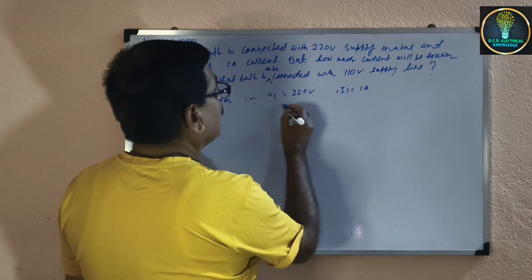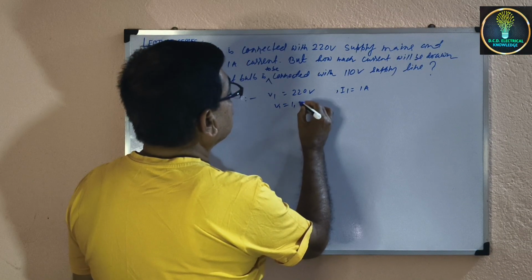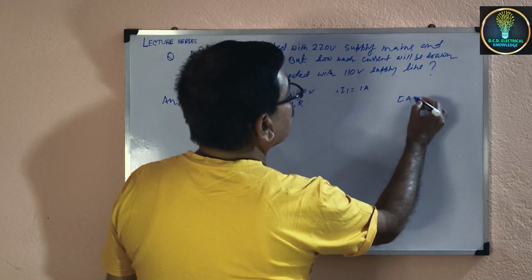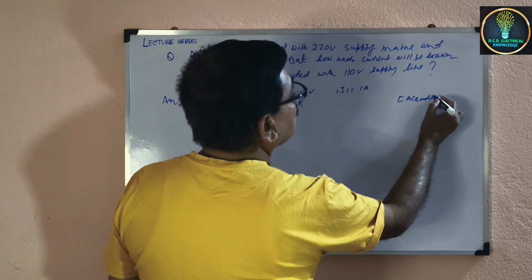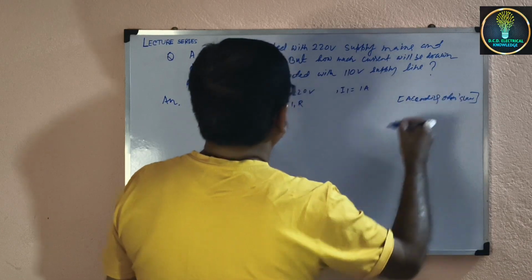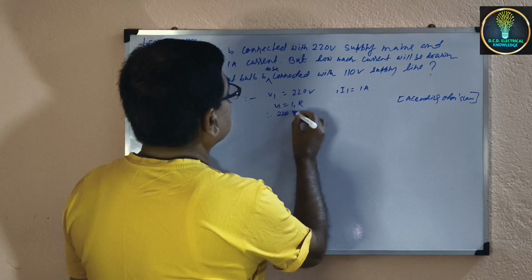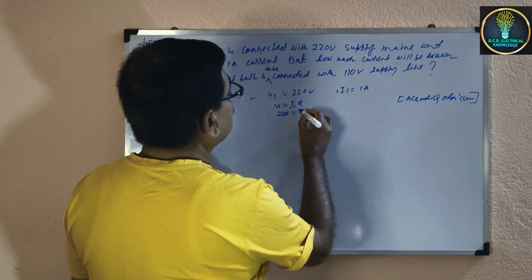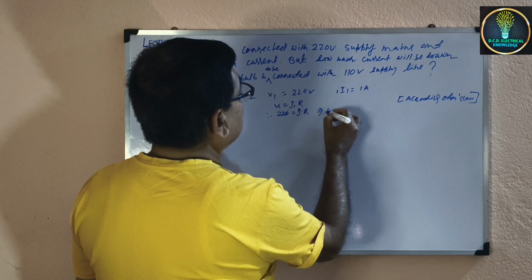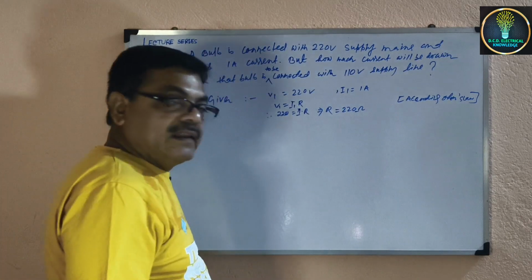Now, according to Ohm's law, we know that V1 is equal to I1 R. Clear? So V1 is equal to 220, I1 is equal to 1, so R is equal to 220 ohm. Clear?